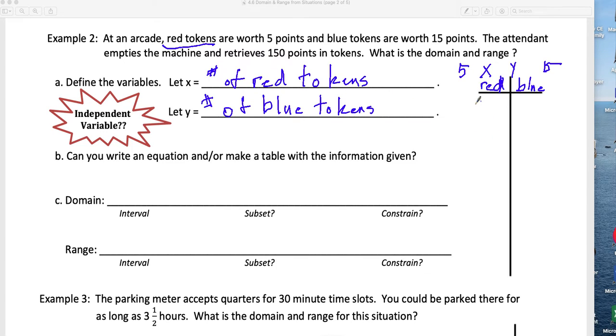All right, now let's say the attendant emptied out the machine, we had 150 points. It's very possible that all of those points were blue. Let's start with the y-intercept. So if I have 0 red tokens, how many blue tokens would that leave me? 150 divided by 15 says that that would give me 10 blue tokens.